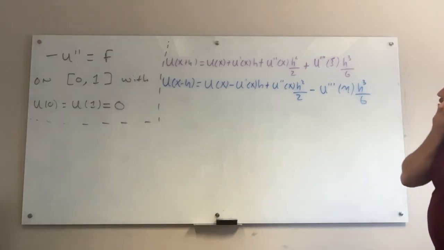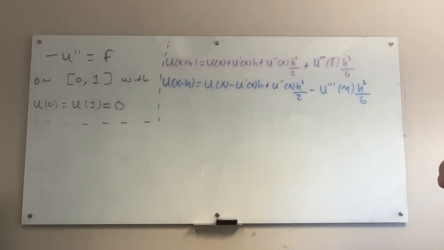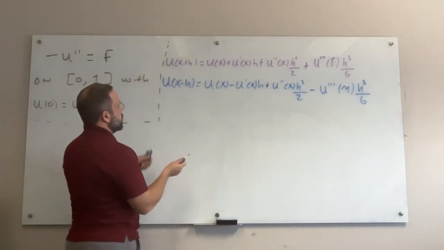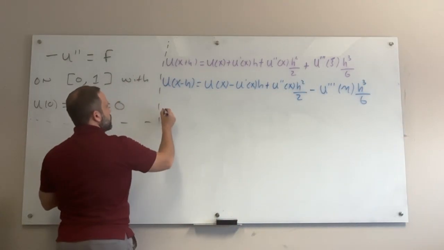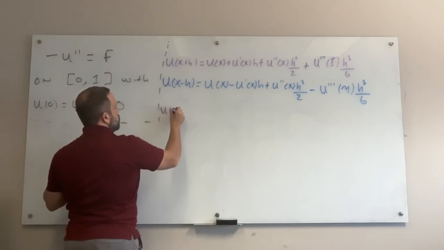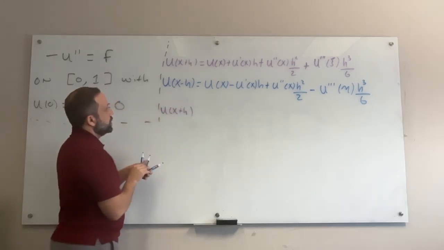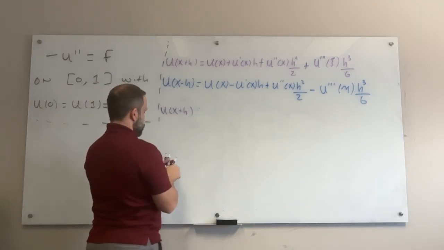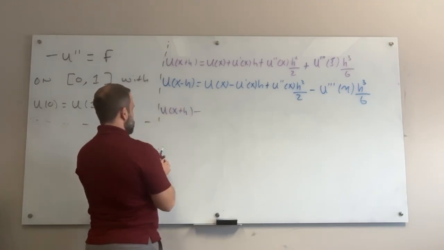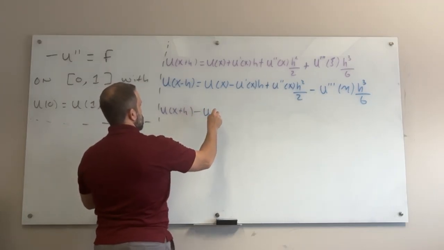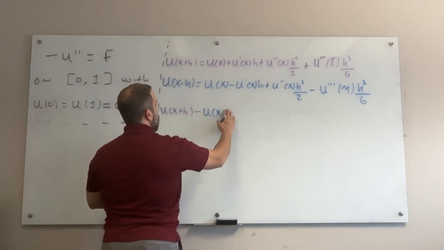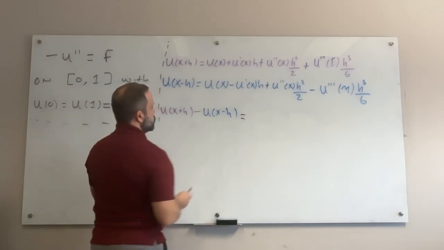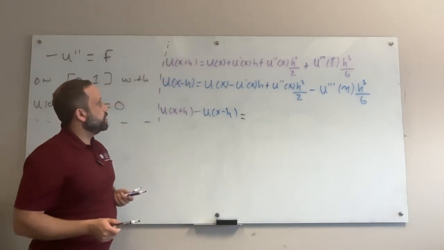Notice now what's going to happen when we subtract the bottom equation from the top equation. We're going to have u of x plus h minus u of x minus h. Now what is this going to be equal to? Well, u of x minus u of x is equal to 0.